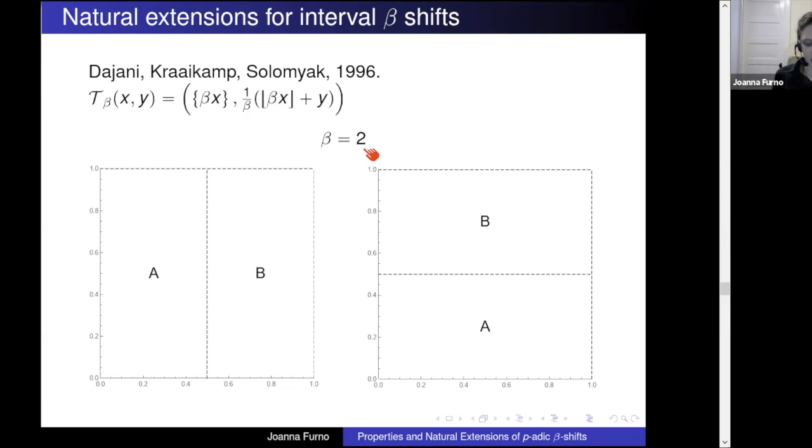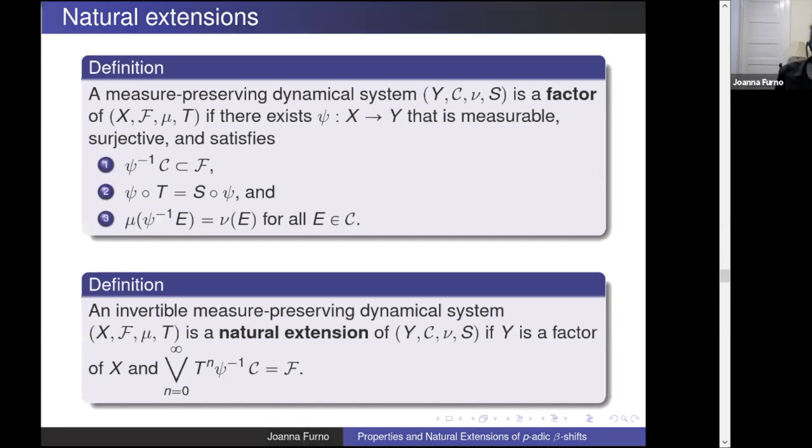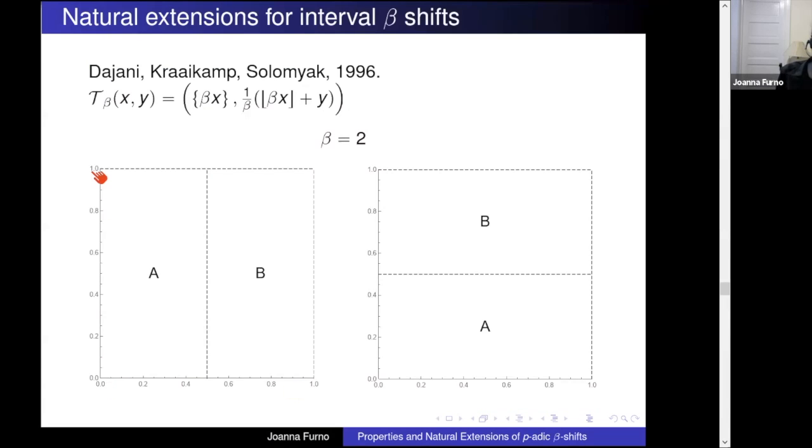So instead of looking at the interval, our bigger space, because remember, we can make our space bigger, is going to be the interval cross the interval. And just to give you a feel for what's going on, what are we doing? Think about the partition into these two pieces. What happens to those two pieces? In your x coordinate, things stretch because you've got your beta shift.